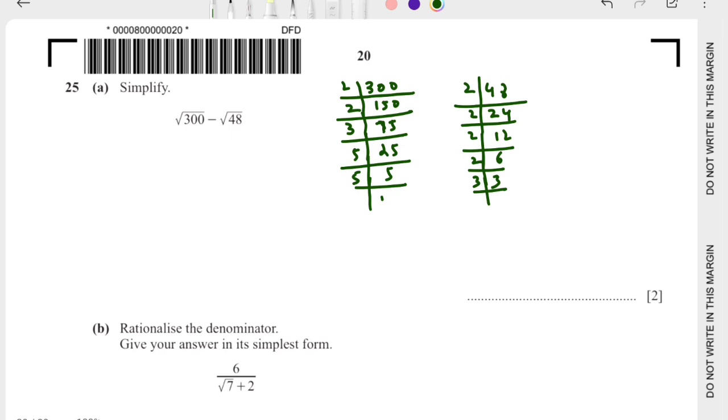Now we can write in pairs form. 2 squared times 3 times 5 squared.